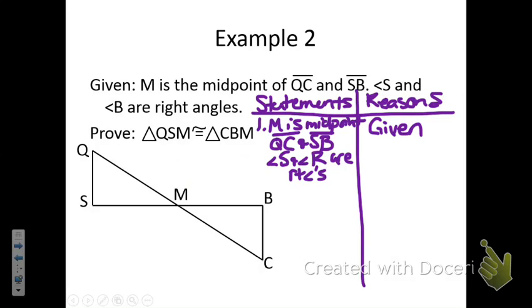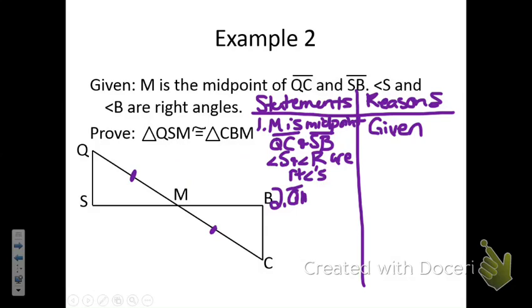So it doesn't give me any direct congruencies. However, it tells me I've got a midpoint, okay? And way back from the beginning of the year, we know that if we've got a midpoint, it's in the exact center of the segment, which is going to break that segment into two congruent pieces. So M is the midpoint of QC. That means that from Q to M and M to C are going to be congruent to each other.